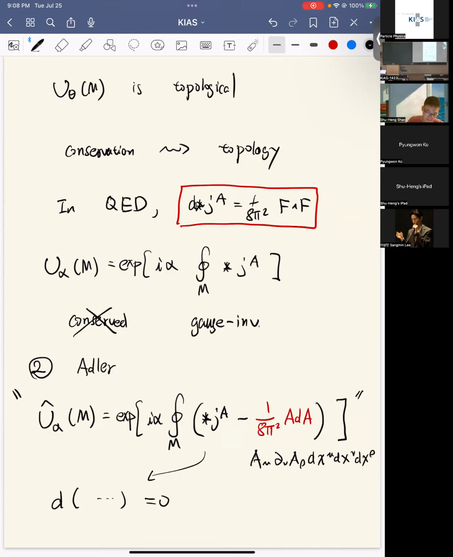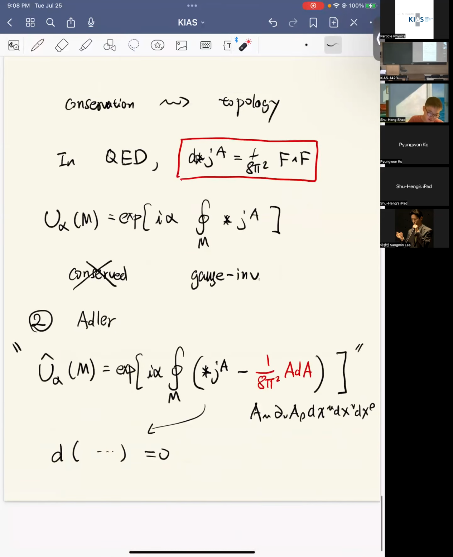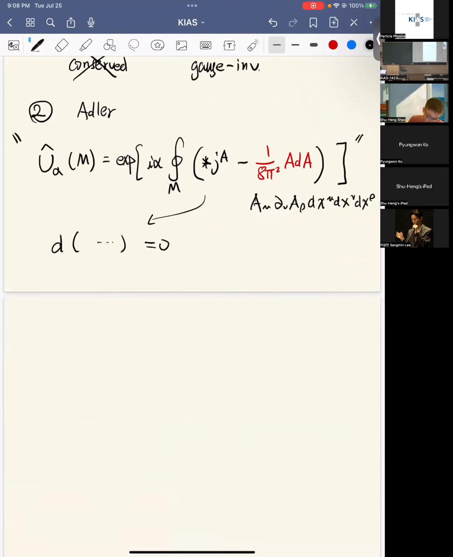All right, so far so good. But notice that I put this operator in quotation marks. The reason is that this operator, while it's formally conserved, is not gauge invariant.